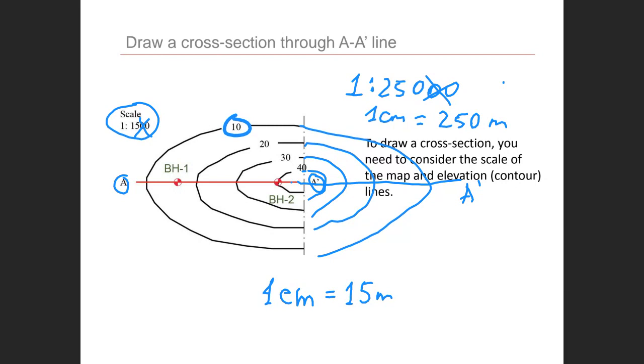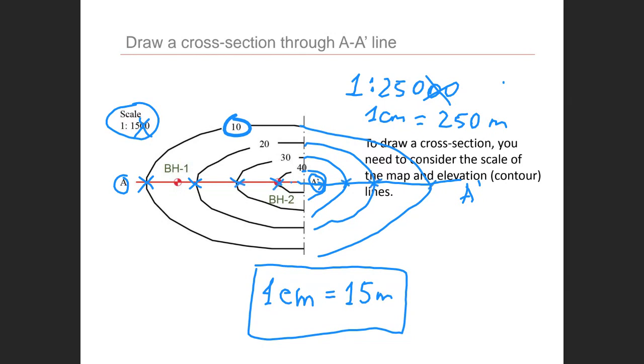Okay, so what you need to do next is use this scale. Then you will see where this red line that you use to draw the cross section along crosses the elevation contours, these points. So you just mark them.